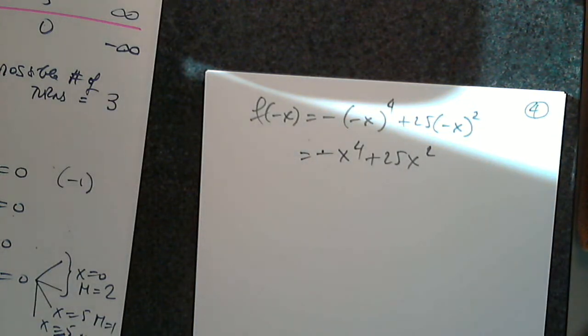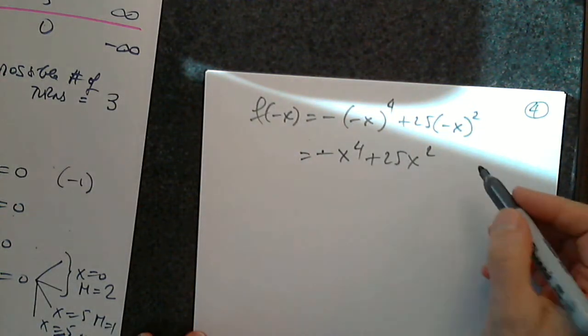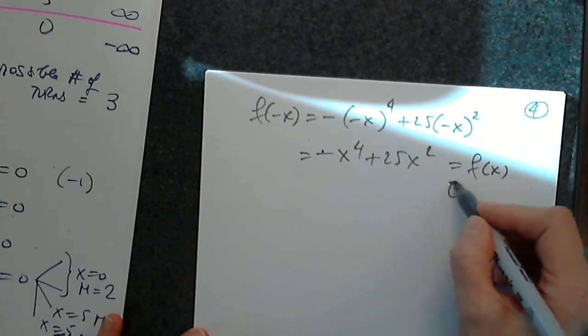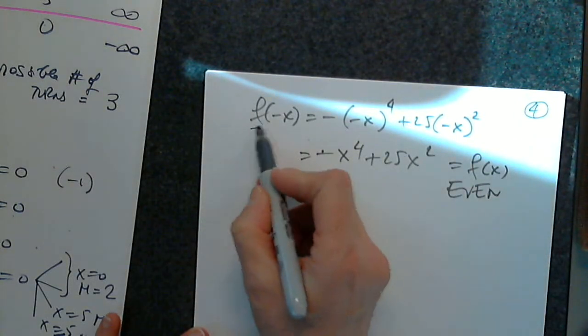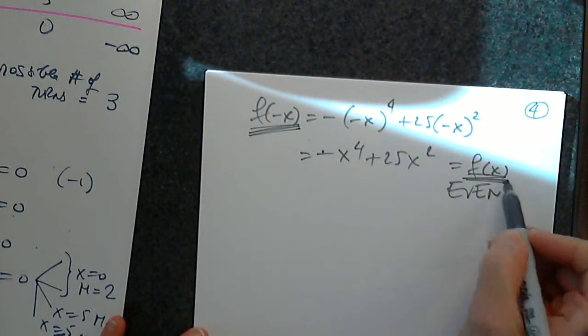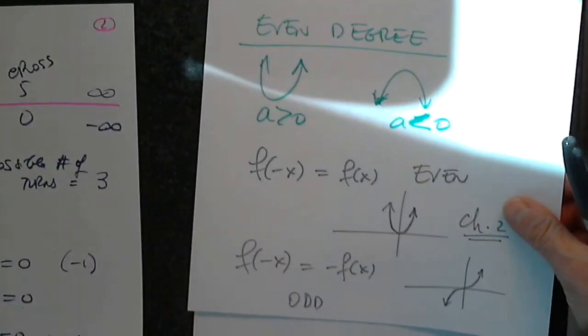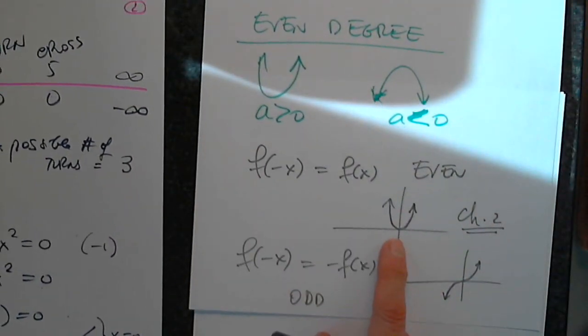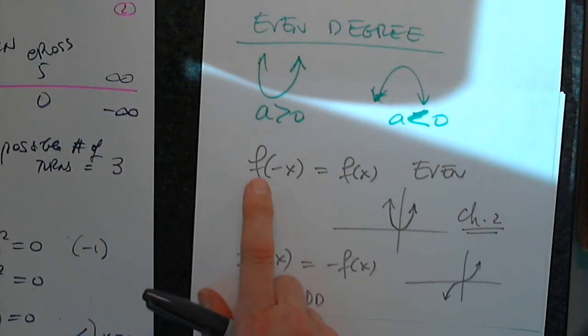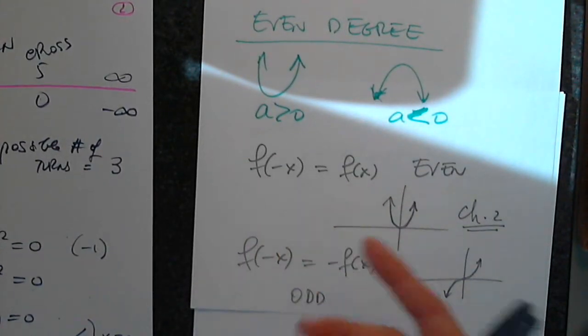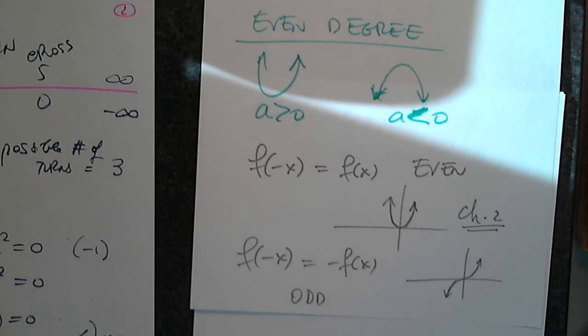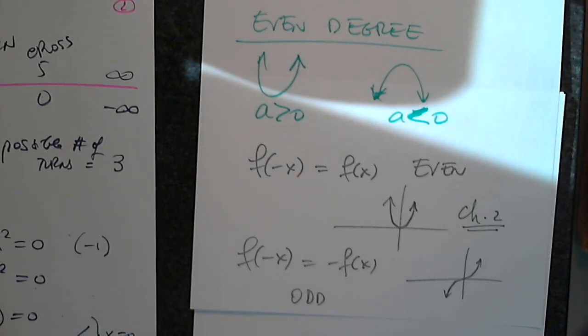It's 25x squared. Since the function does not change, it must be even because this is identical with the original function. And this is the property that we studied using x squared. And we said every time I show that f of negative x equals f of x, the function must be symmetric, its graph must be symmetric with respect to the y-axis.